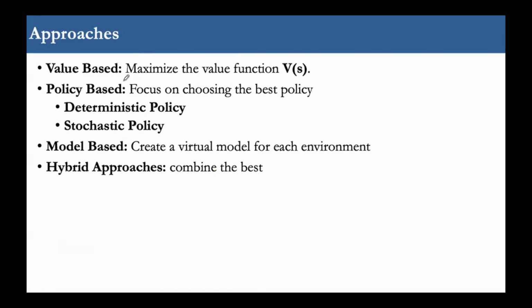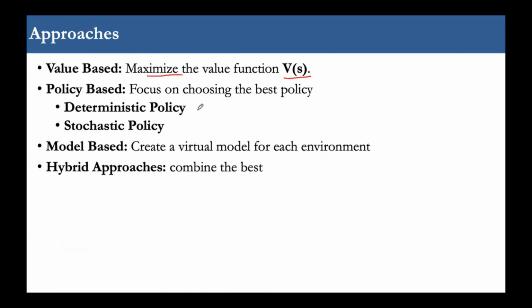What is the value-based approach? In a value-based method, we try to maximize the value function V of S. In this approach, the agent expects a long-term return at any state under policy pi. The next one is the policy-based approach.